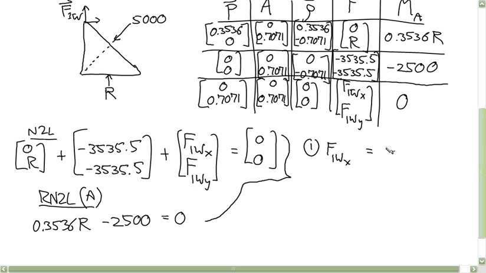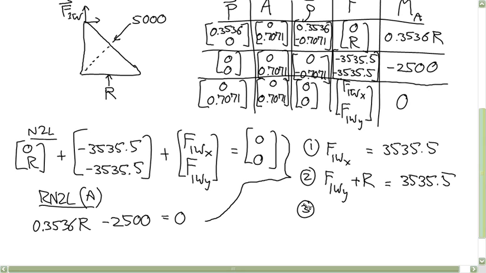F1WX is equal to 3535.5. F1WY plus R is equal to 3535.5. And then 0.3536 R is equal to 2,500.